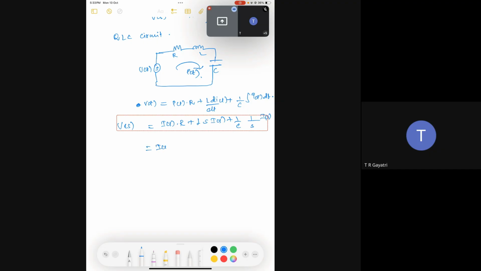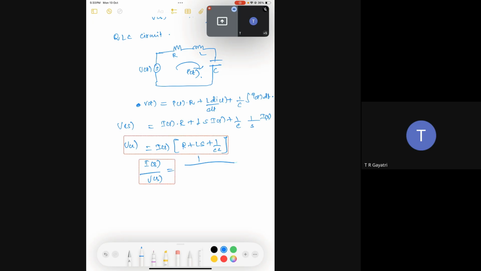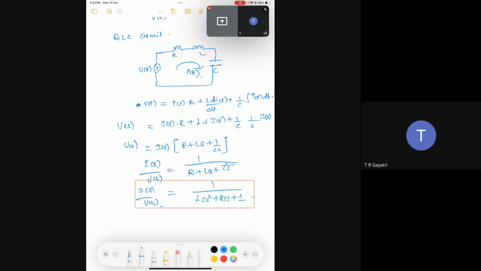Taking I of s common, R plus Ls plus 1 by Cs, V of s. Writing in terms of output by input, Laplace of output by Laplace of input, this will become 1 by R plus Ls plus 1 by Cs. Just rewriting it would give me 1 by LCs square plus RCs plus 1. So this would be the final transfer function of the system.